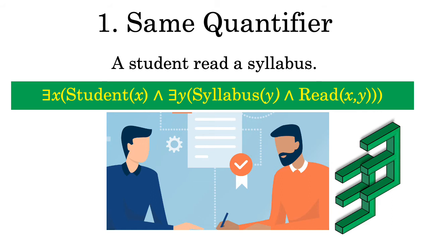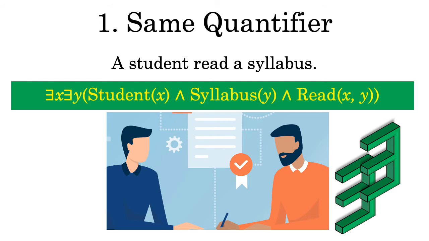As before, there's a prenex form where we pull all the quantifiers to the front of the expression. In this case, we read this as, there exists an x and there exists a y such that x is a student and y is a syllabus, and x read y.